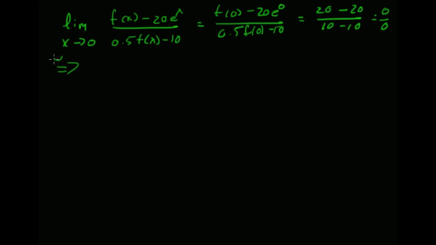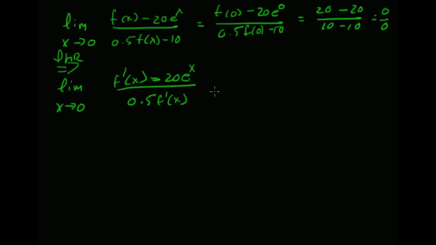So applying L'Hopital's rule, I get the limit as x approaches 0 of f prime of x. The derivative of e to the x is still e to the x. That's going to be 20 e to the x over 0.5 f prime of x, and the 10 goes to 0.